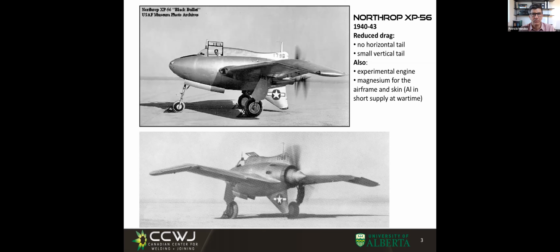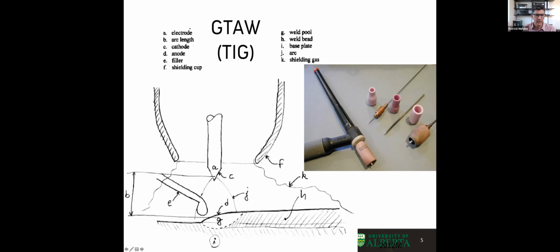The other side of the electrical circuit, the electrons jump out of the cathode and land into the other part of the circuit that is called the anode. We're starting to introduce more names into our dictionary of welding. Electrons jump out of the cathode, land into the anode. This little rod here is the filler.